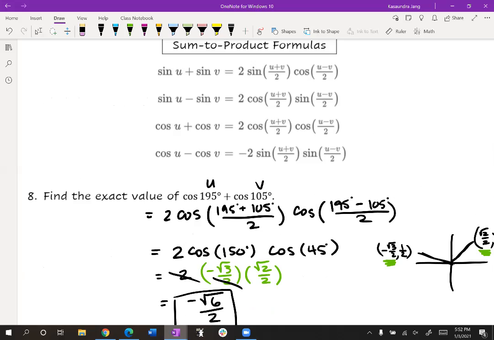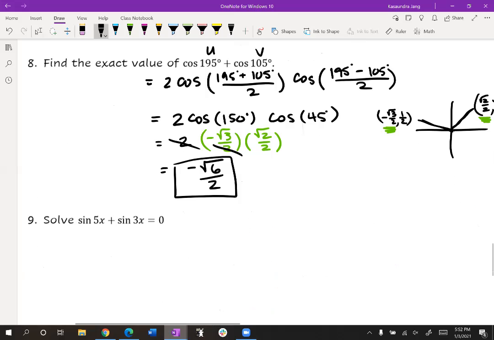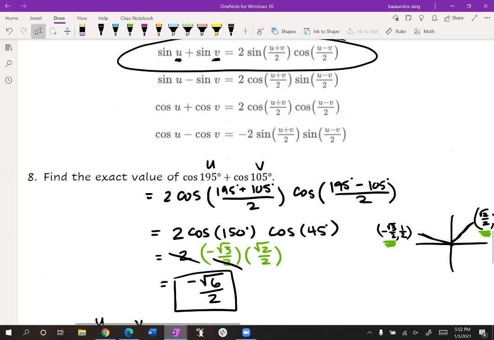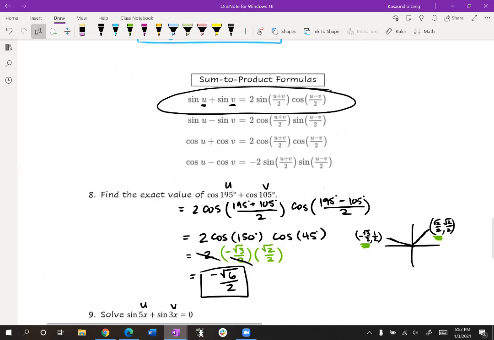It's a sine plus a sine, so I'm probably in this top formula here. A sine plus a sine, where sine of u comes first, plus sine of v comes second. So my u is the 5x, and the v is the 3x. All right, so I need 2 times sine of u plus v.